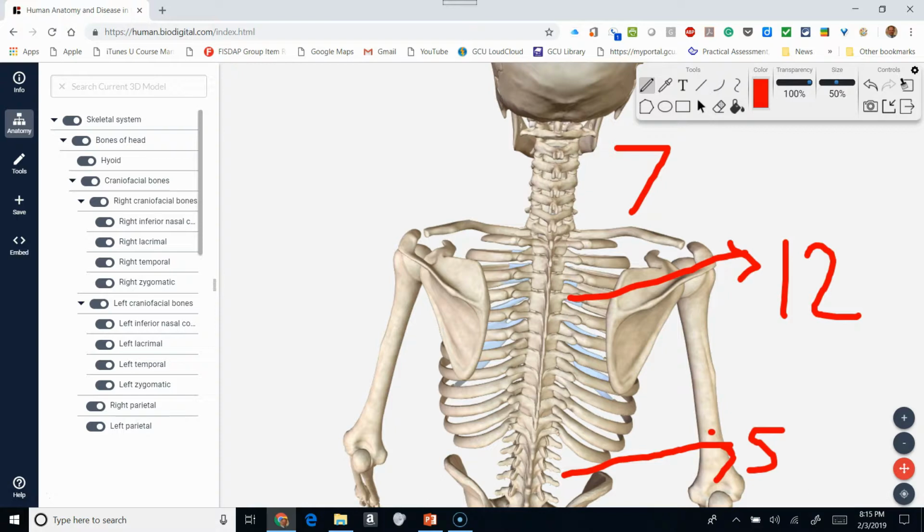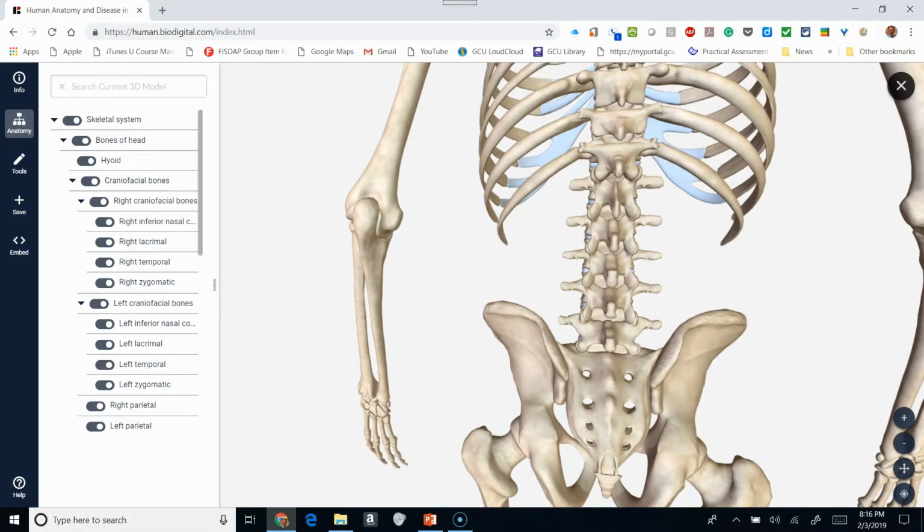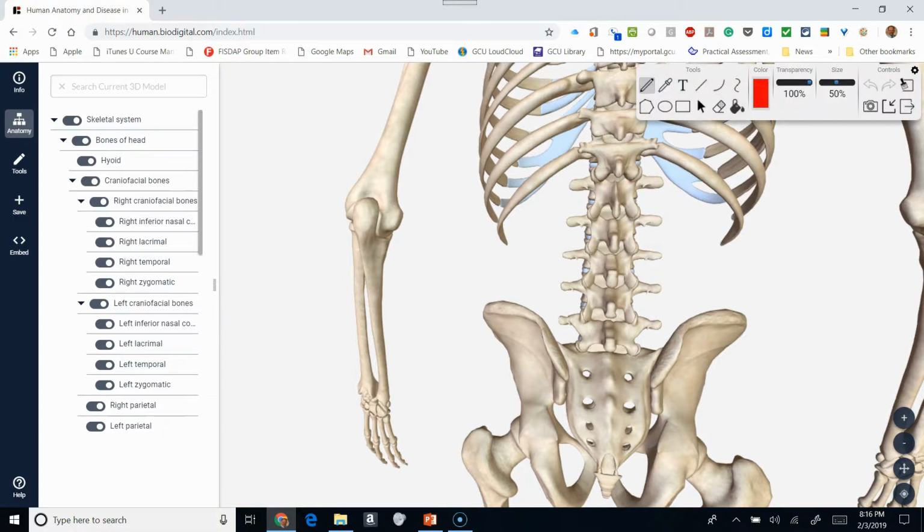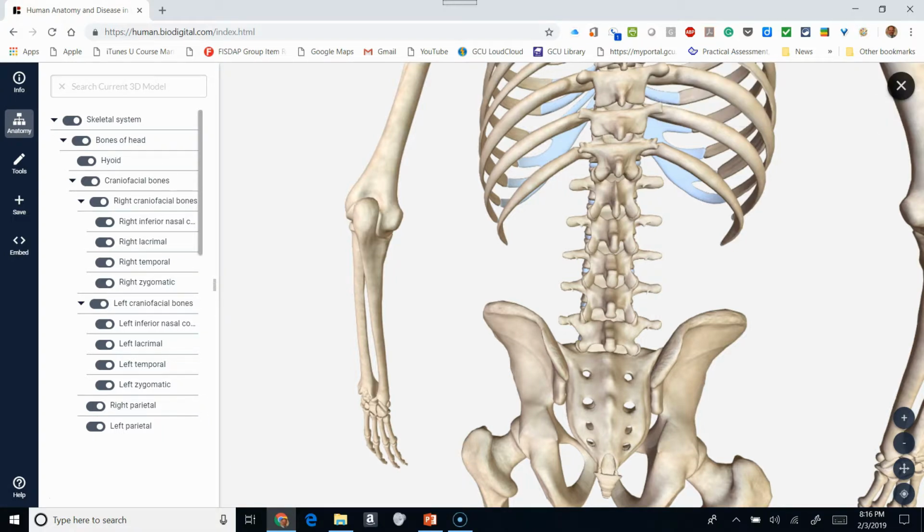Now we do have 2 more areas we're going to take a look at. So this is where that lumbar area is going to be.